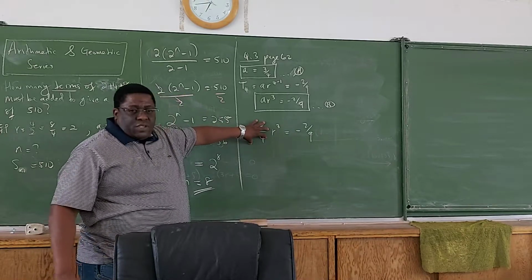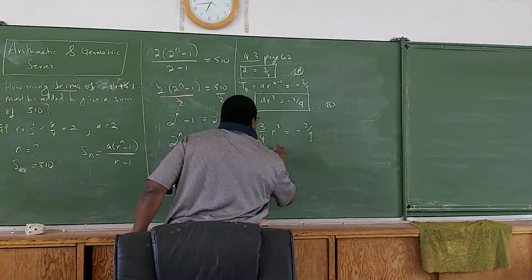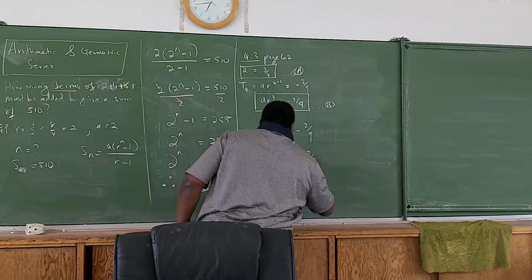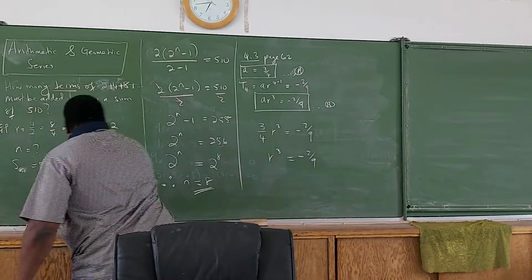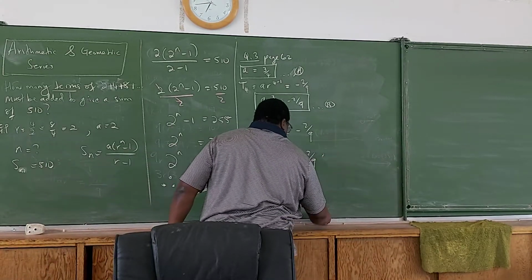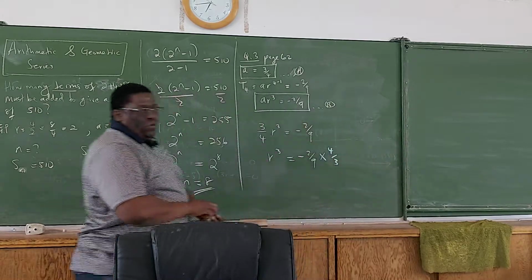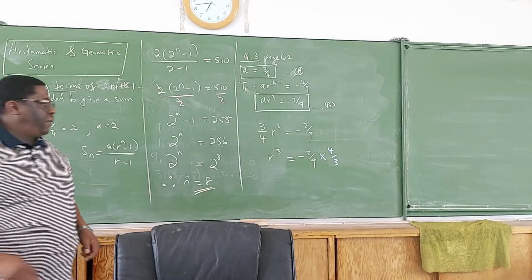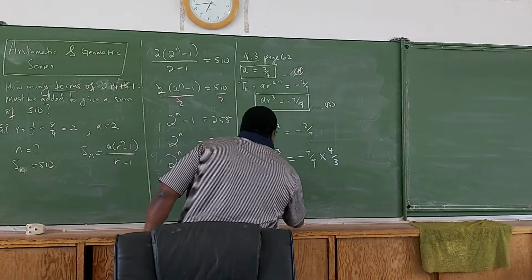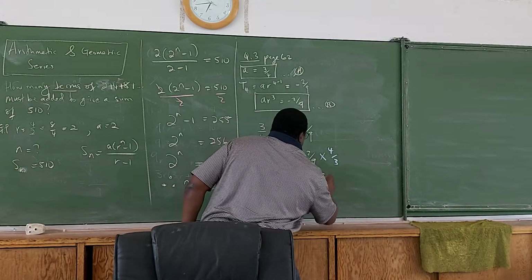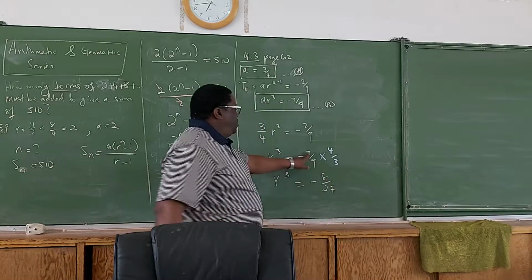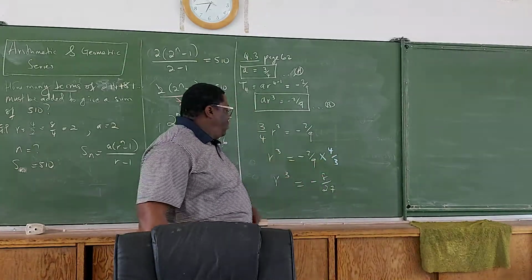So I'm going to get rid of this 3 over 4 by simply multiplying by its inverse. Please work with fractions, don't work with decimals, okay? So R cubed becomes negative 8 over 27, 2 times 4. You with me?